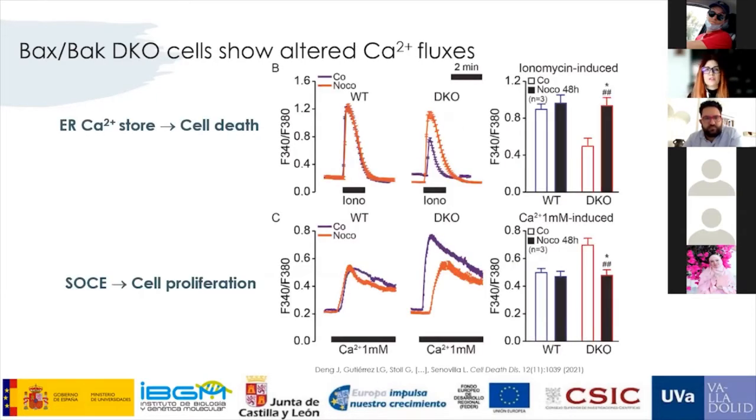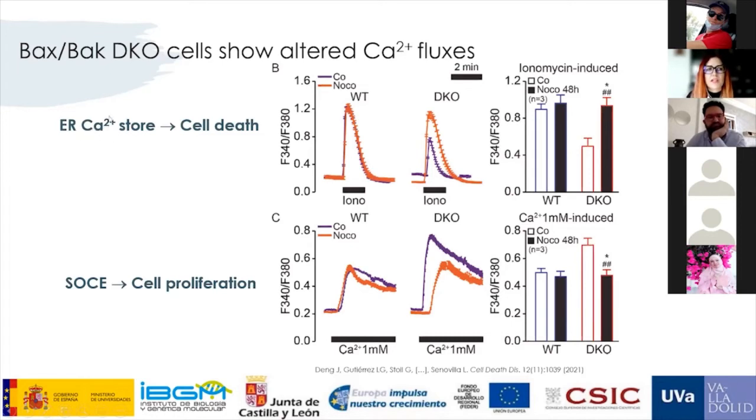And what about calcium fluxes? As I have shown you before, BAX DKO cells are involved also in the calcium homeostasis. In fact, we can measure two kinds of events. On one hand, we have the ER calcium store.